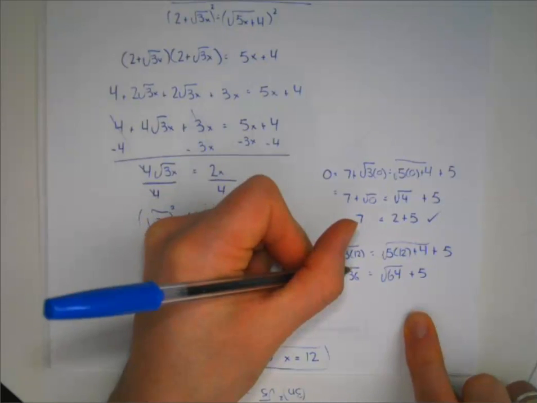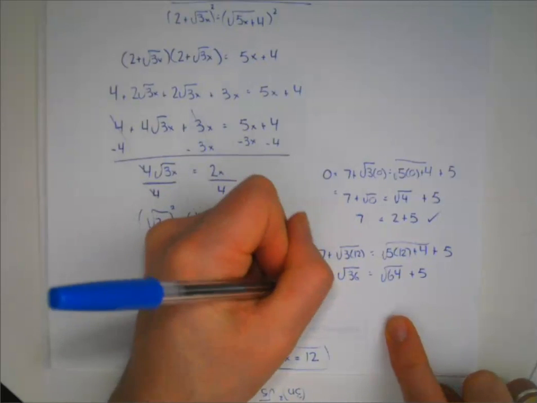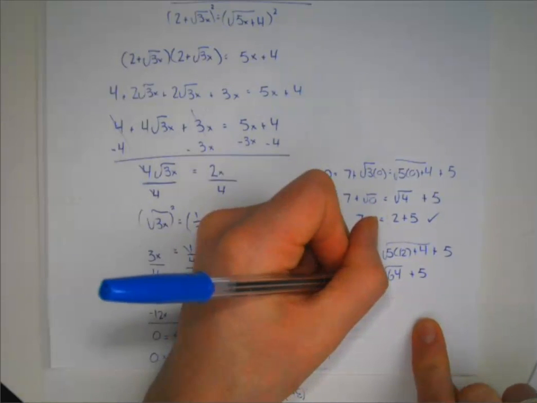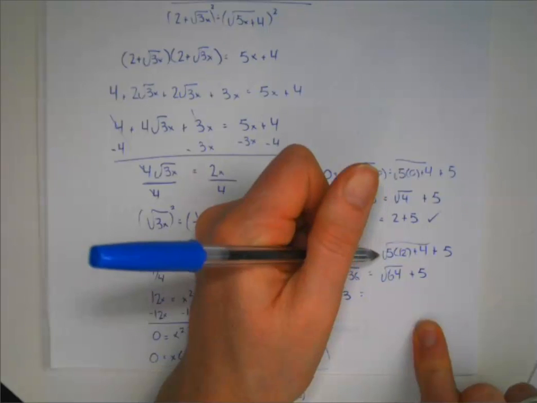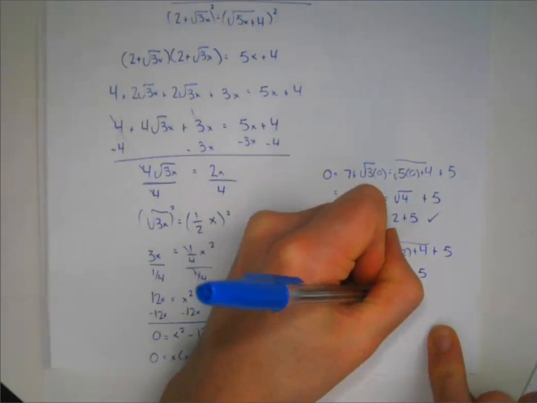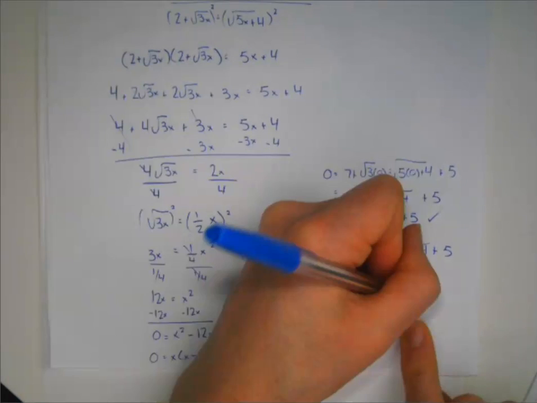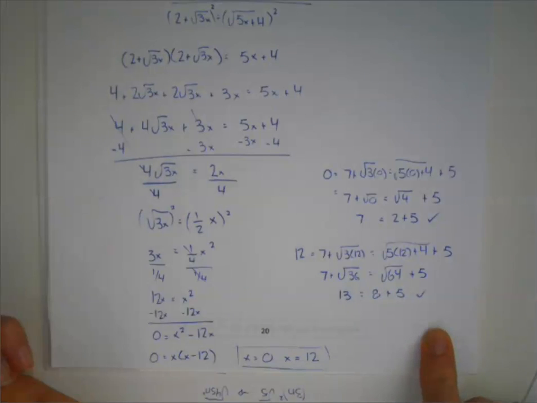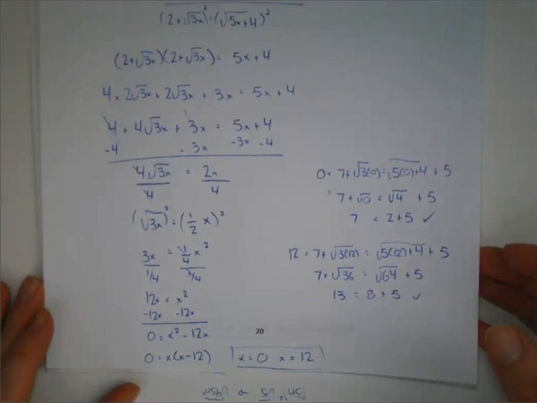So 7 plus root 36 is 6, so 7 plus 6 is 13. And root 64 is 8, plus 5, which is 13. So that is again correct. So x can be equal to 0 or 12 for this formula.